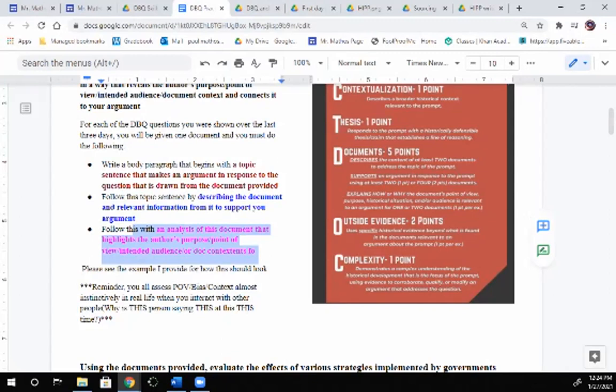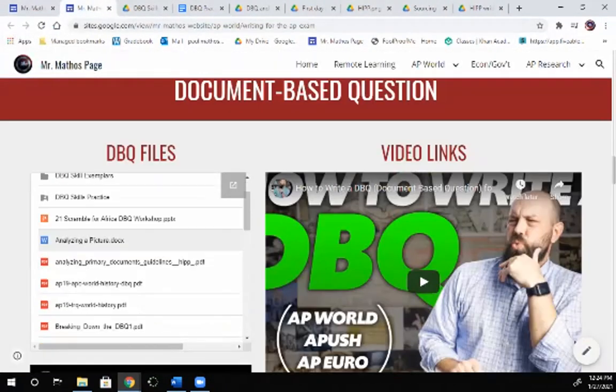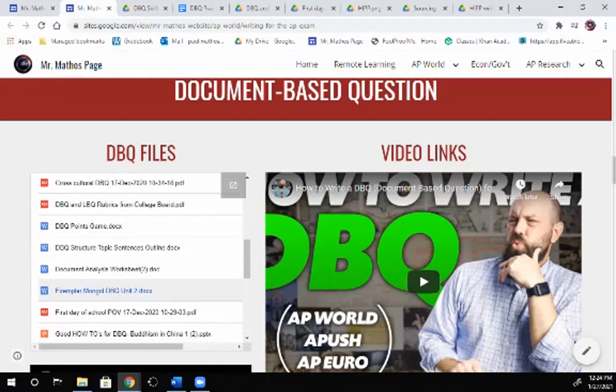So you're going to look at each of the documents, and some of them, you're going to be like, it looks like this one would be easier if I do it with purpose. So you analyze it with purpose, all right, which is, again, you can go back into here and you find whichever one works the best for you.